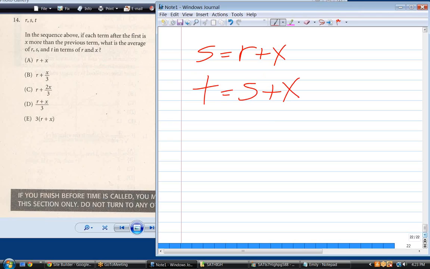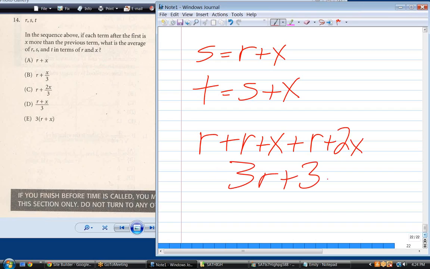So just the average of R, S, and T would be the average of R plus X plus R plus 2X, which is 3R plus 3X divided by 3, which is R plus X.